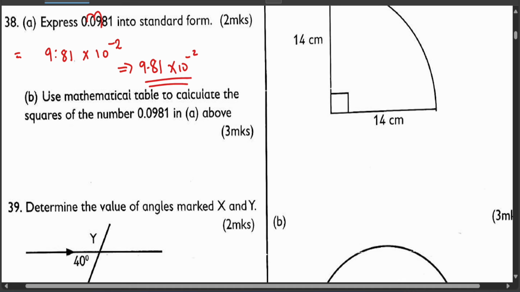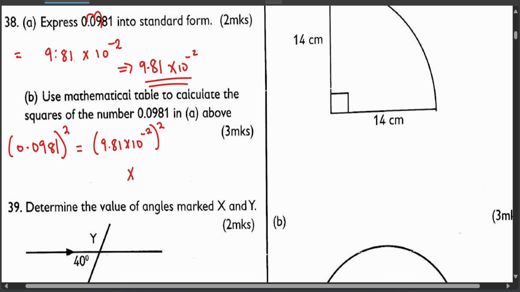Question B. Use mathematical tables to calculate the square of the number 0.0981 above. So 0.0981 squared. First write it in standard form, which is written as 9.81 times 10 to the power of -2, and remember there's a square there.